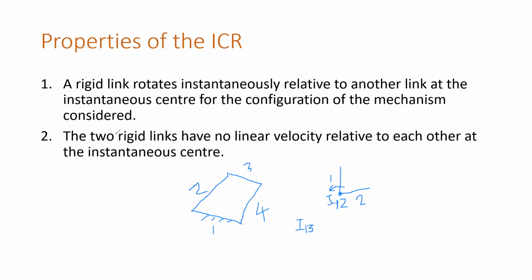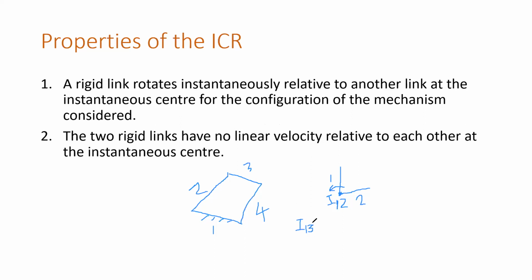Then the two rigid links have no linear velocity relative to each other at the ICR.